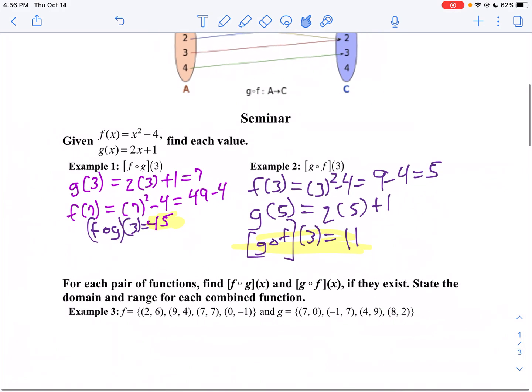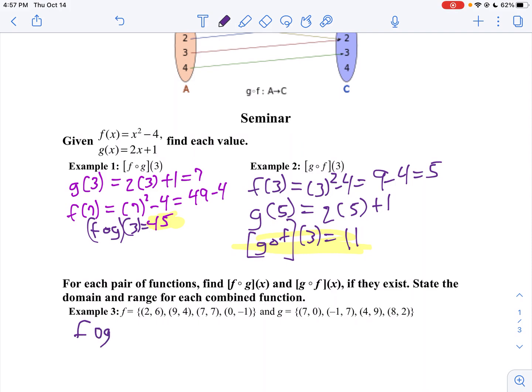Now let's take a look at a list here. I want to find f of g of x, and then I want to find g of f of x if it exists. And then state the domain and range for each combined function. So I'm going to start here with the composition of f of g of x.